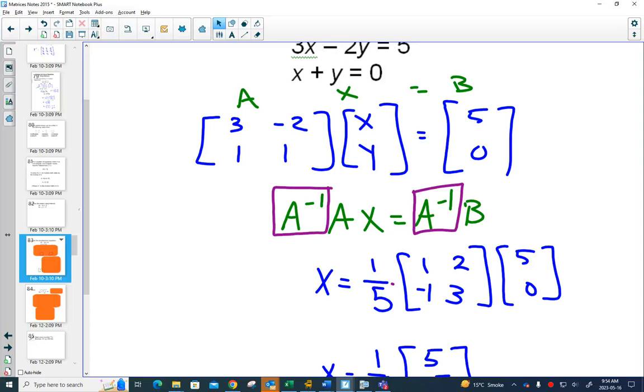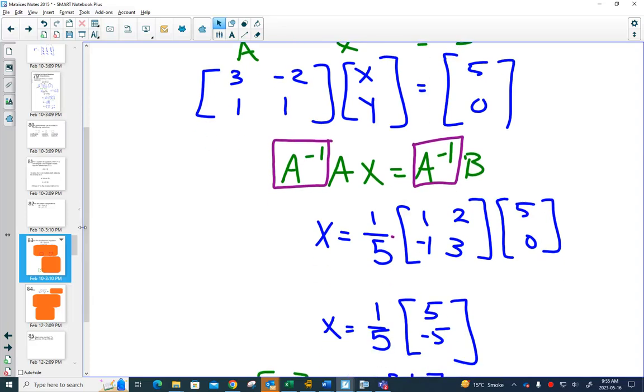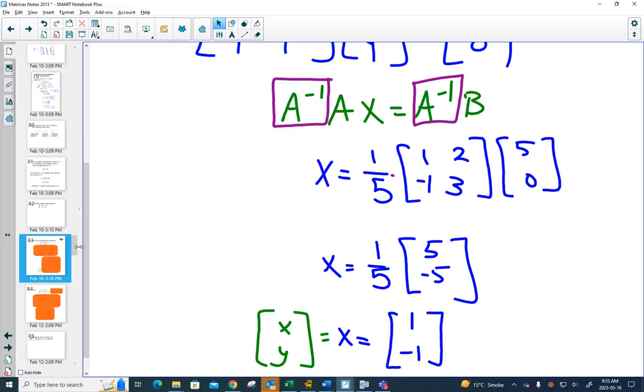There's our inverse matrix right here. Multiply by 5, 0. Again, I would multiply out the whole numbers first and leave the fraction to the end. And when you divide everything by 5, you get 1 and -1.